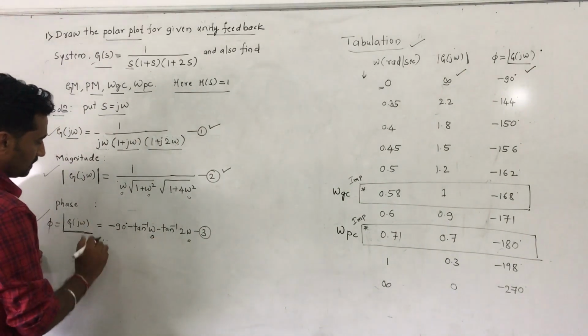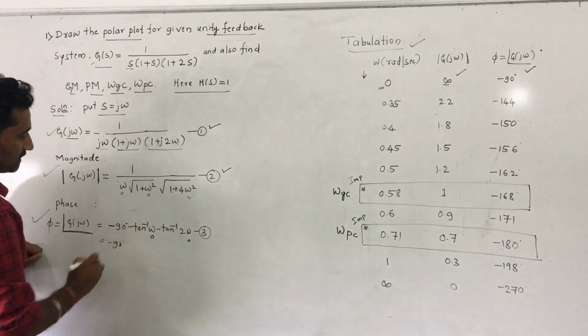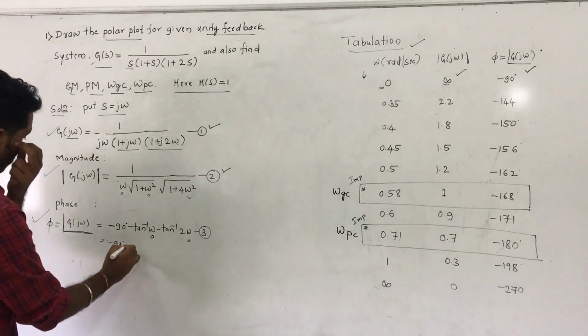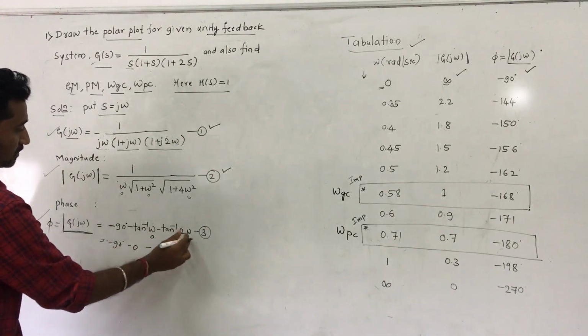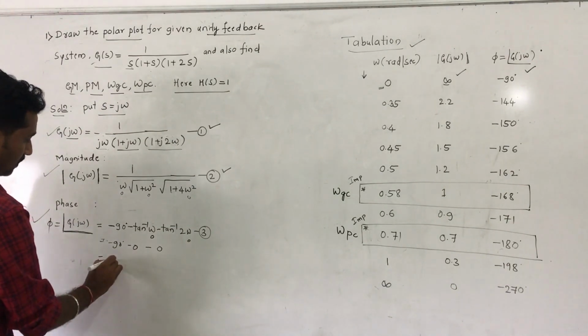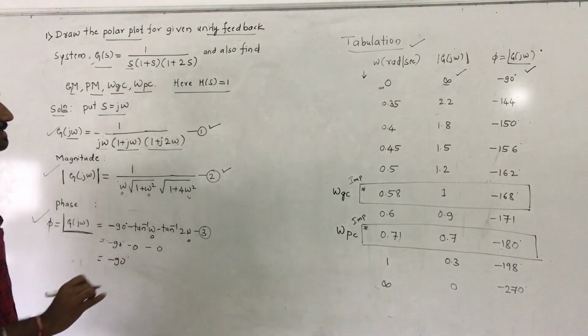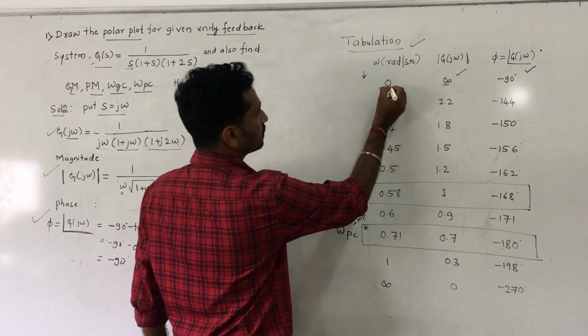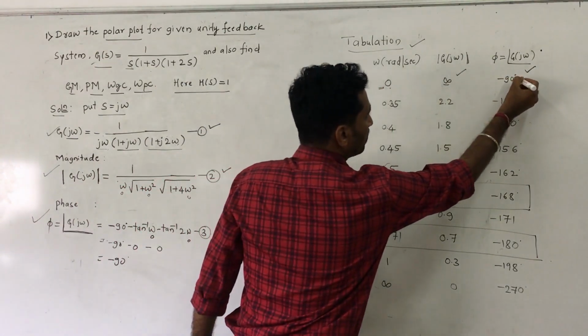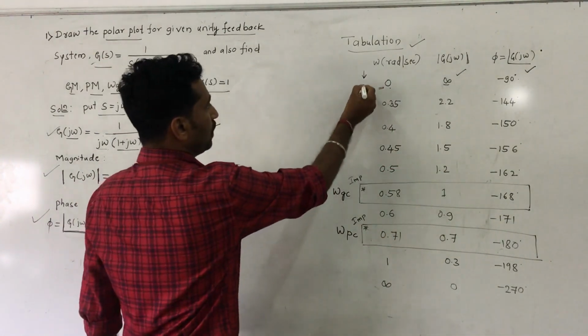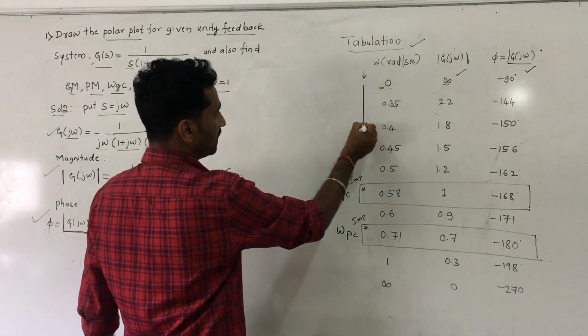So it's minus 90 degrees. Tan inverse of 0 will be 0 degrees, tan inverse of again 0 will be 0. So overall it will be minus 90 degrees. Therefore, for omega equal to 0, the angle will be minus 90 degrees.